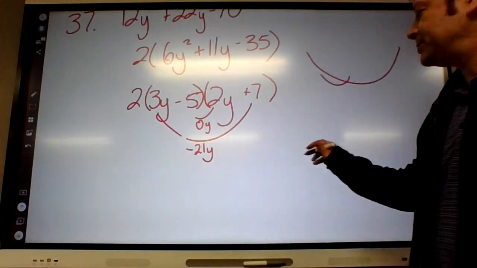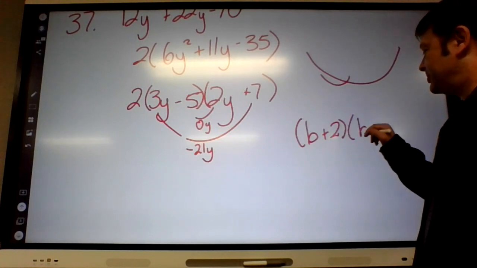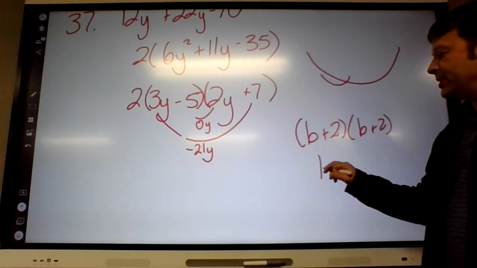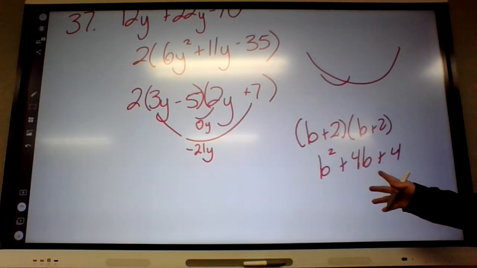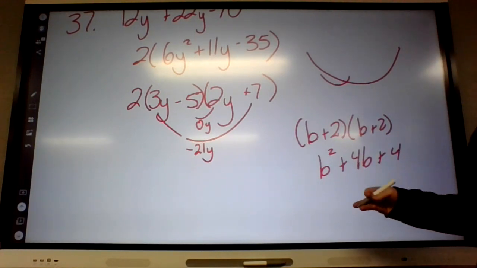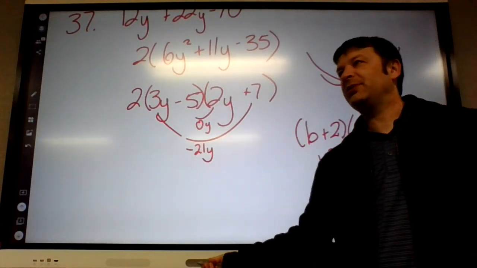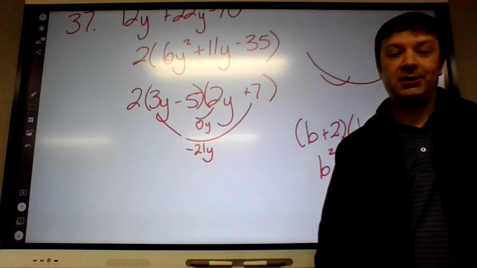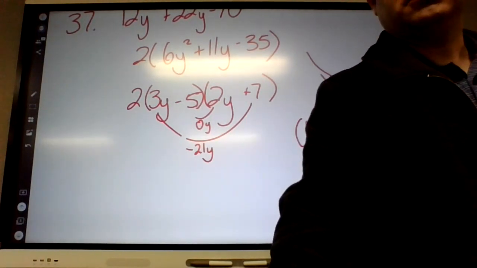No. If you try b plus 2 times b minus 2, when you FOIL this, it would not go to b squared plus 4. Nothing does. It's not a square plus a square that works. It's square minus a square. So 26 is actually one of your primes.